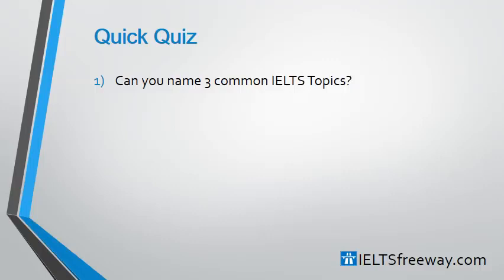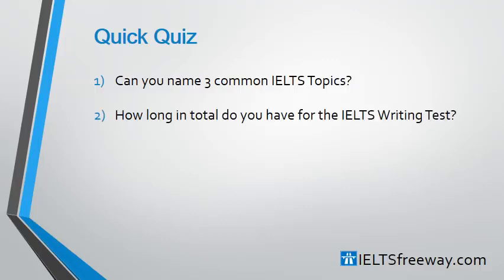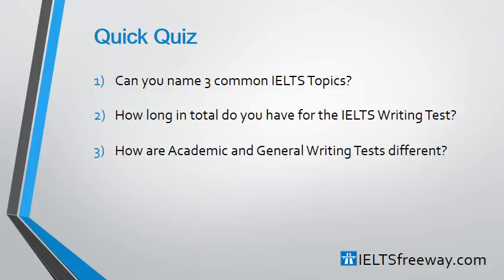I'll let you read through those again at your leisure. Next question. How long in total do you have for the IELTS writing test? Pause the video and have a think. Okay, so the answer is 1 hour in total. But remember, you have 20 minutes for part 1 and 20 minutes for part 2.